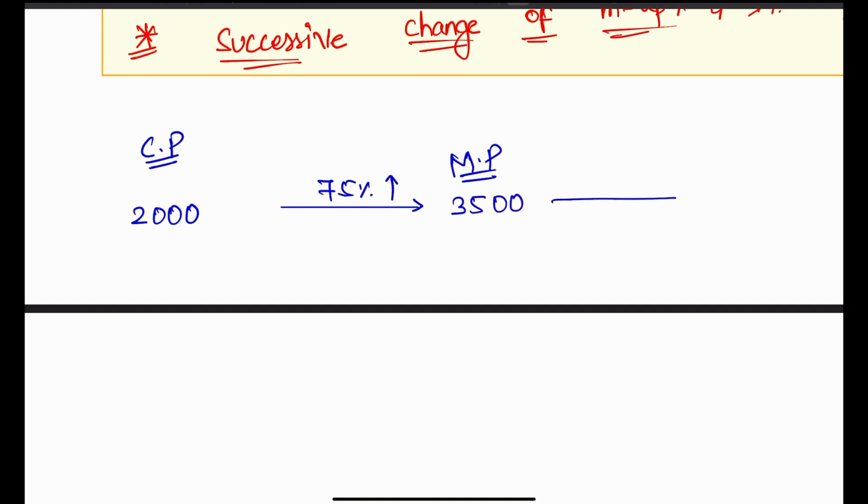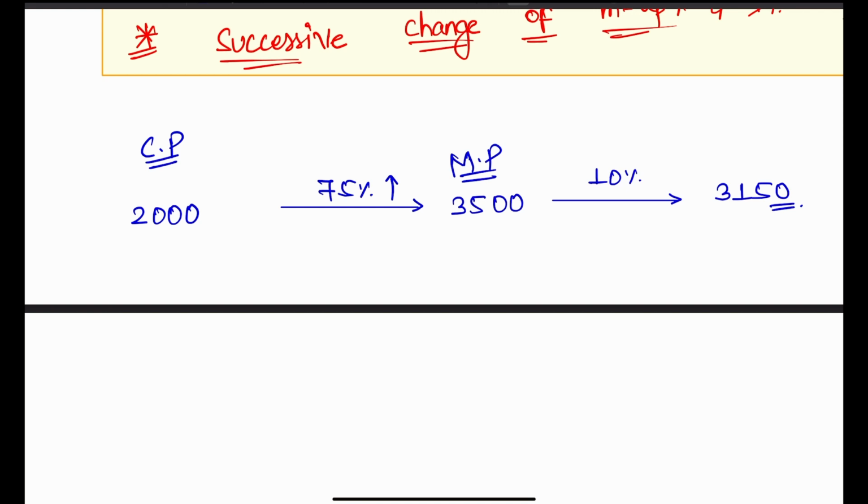Now the customer came and asked, okay, give me a discount. So he offered a 10% discount. Let's take 10% for the sake of solving this question. So after the 10% discount, how much will he be selling for? He will be selling at 3150 rupees. 10% is 350, and 3500 minus 350 is 3150.